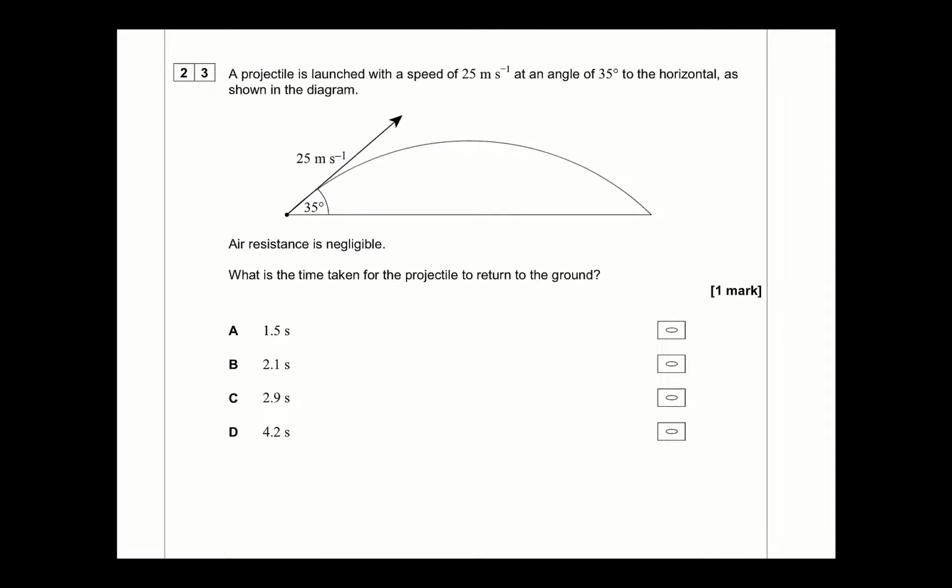Okay, a projectile is launched at the speed of 25 meters per second, angle 35. What is the time taken for the projectile to return to the ground?